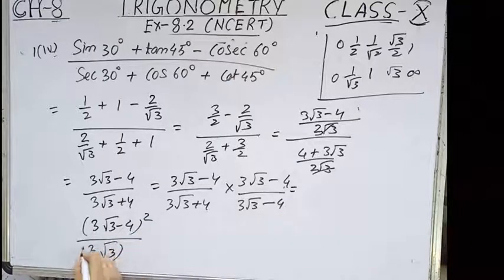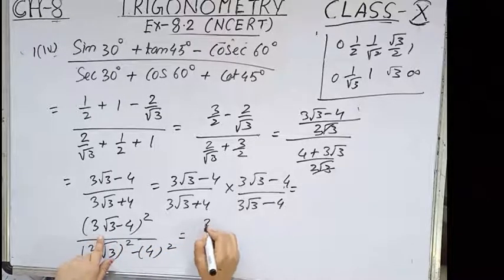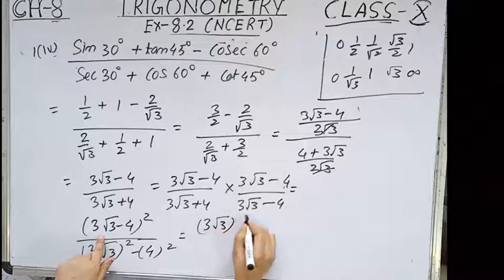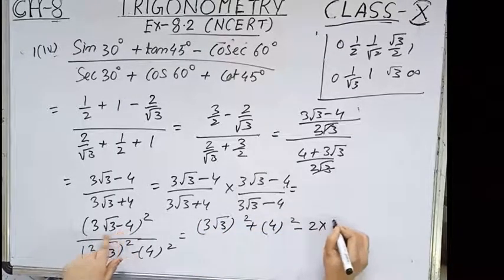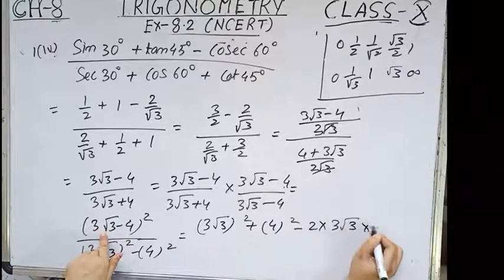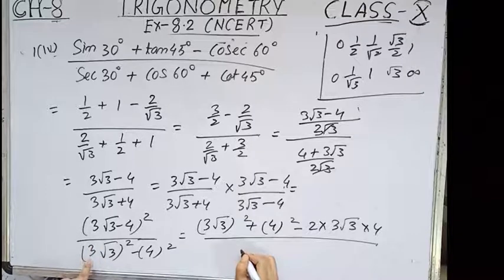So 3 root 3 whole square minus 4 square. So a minus b whole square is a square plus b square minus 2ab, divided by a square minus b square. 3 square is 9, 9 3s is 27, minus 16.